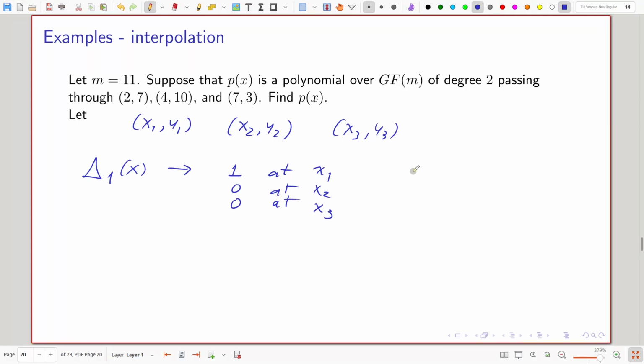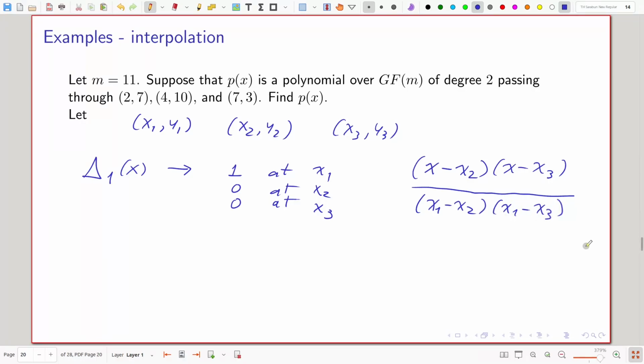So the delta 1 is going to be x minus x1, x minus x2. Oh, sorry. You want 1 at x1, so it's going to be x minus x2, x minus x3. Okay. And you want it to be 1 at x1, so you divide this by x1 minus x2, x1 minus x3.